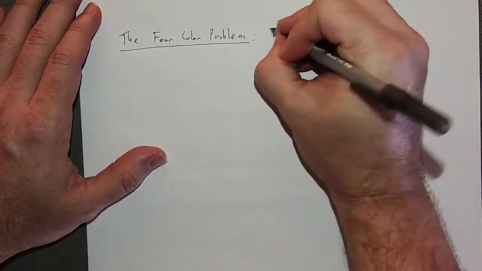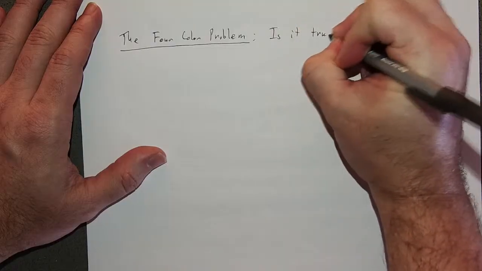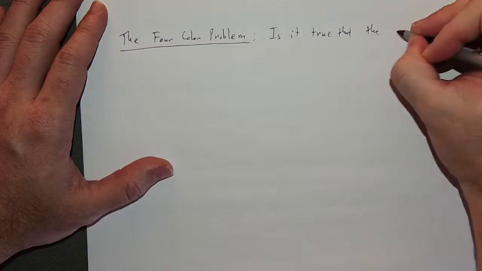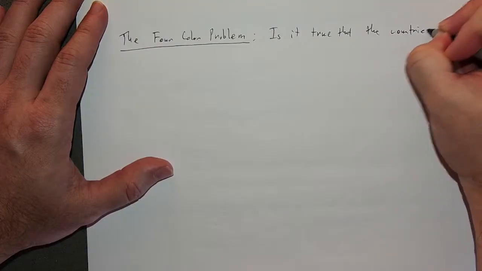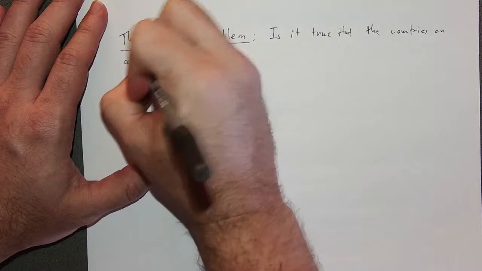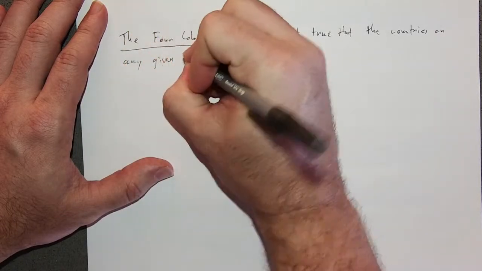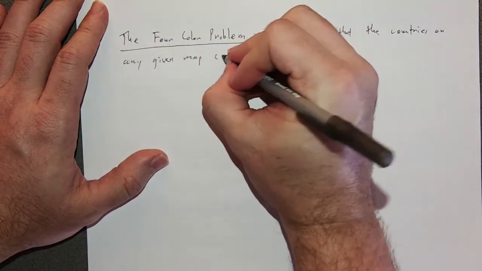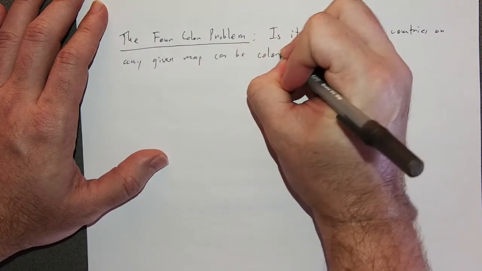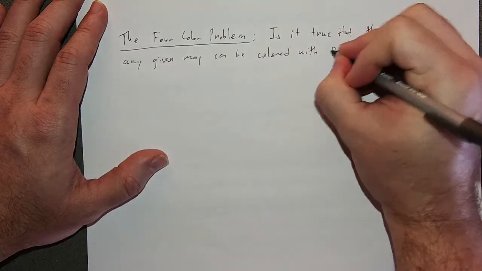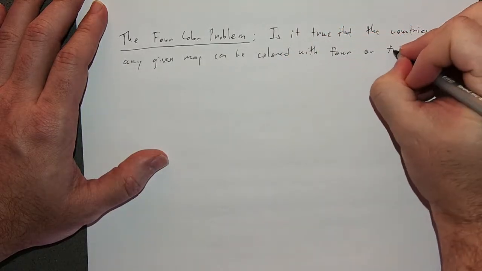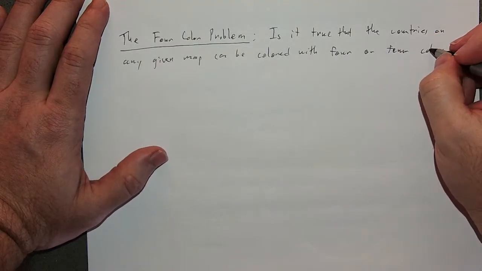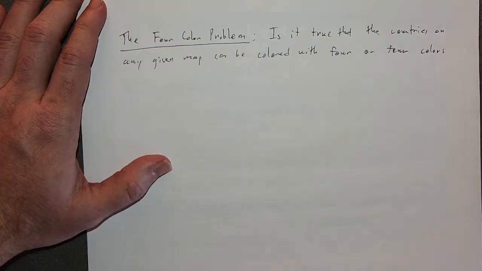So is it true that the countries on any given map can be colored with 4 or fewer colors in such a way that adjacent countries are colored differently?